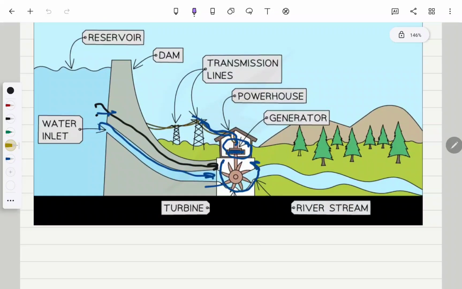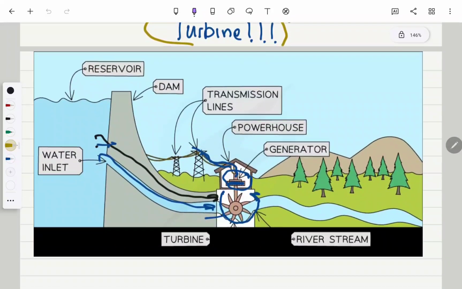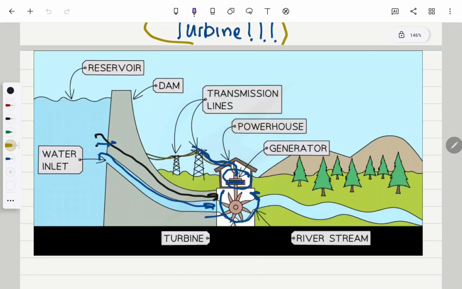I fixed it. If you look at hydroelectric, usually people use them using dams. They use them with dams, okay? A dam is a lot of water reserved somewhere.